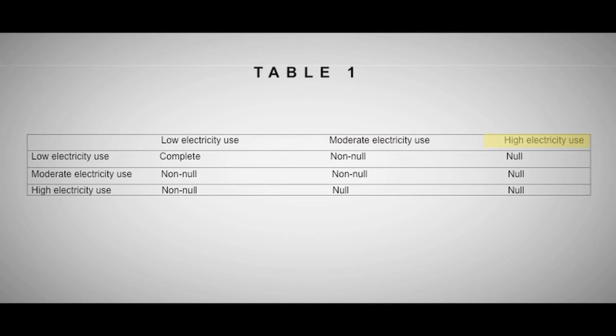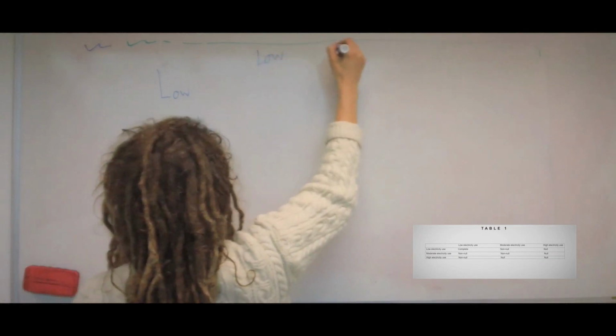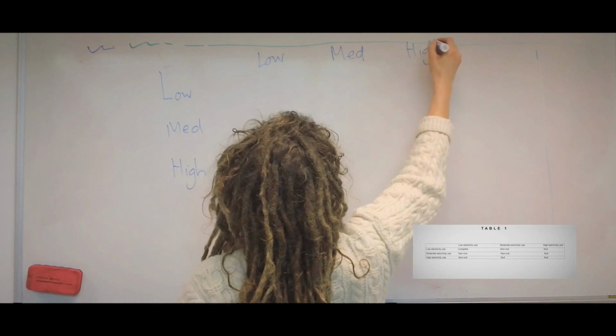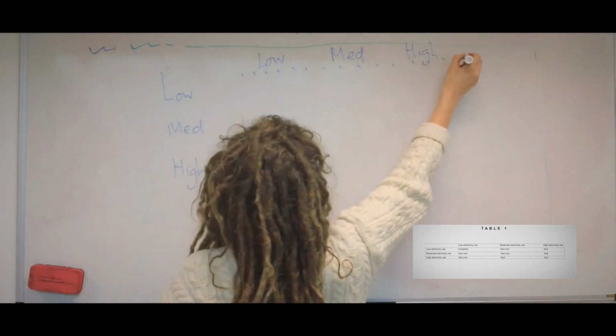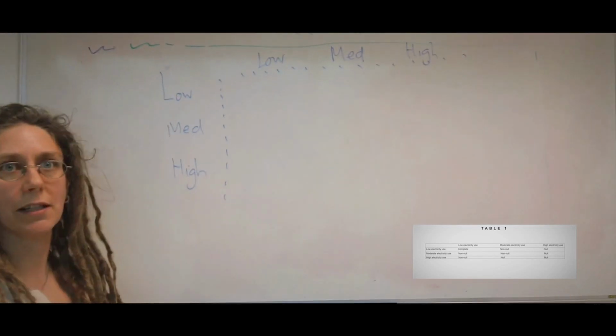Now remember that in Table 1, they're just in blocks. So actually you wouldn't know that there's lots of individuals within them. So we have to imagine there's lots of individuals. Each dot is a person within each of these categories.